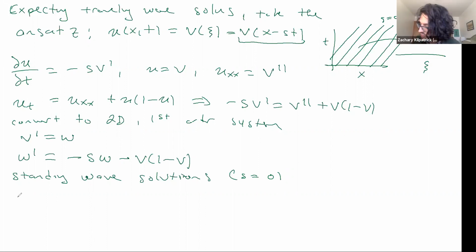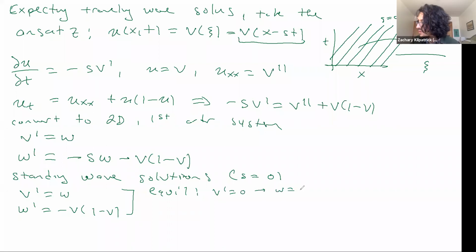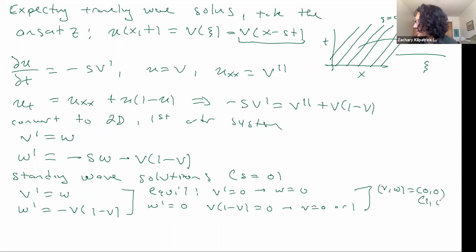Well, if I do that, I end up with v prime equals w, w prime equals minus v(1 minus v). So the equilibria in this case are going to be where v prime equals 0, w equals 0, and where w prime equals 0. In other words, where v times (1 minus v) equals 0, or where v equals 0 or 1. Okay, so our equilibria are going to be (0, 0) and (1, 0).